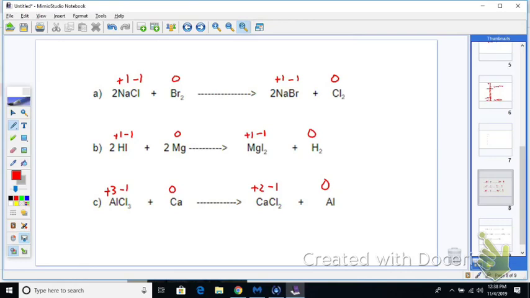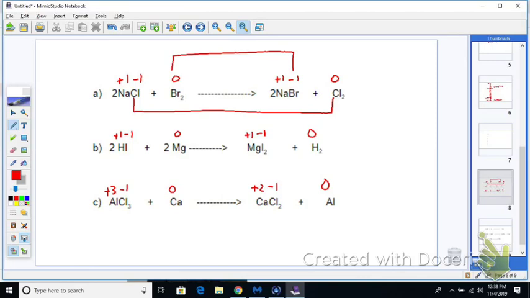Now, for the first one, I want you to connect twice. I'll do the first one for you and you can do the next 2. I'm going to connect chlorine because chlorine has changed its value from the left side to the right side. And bromine has changed its value from the left side to the right side.